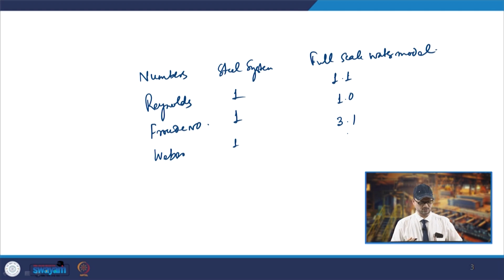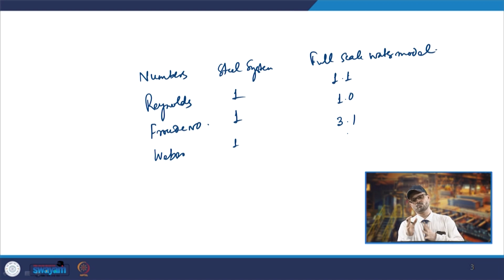Similarly, you have other numbers, sometimes the Morton number. The Morton number is used for the velocity of bubbles in liquids, and it is normally used for two phase or multi-phase flows when we do it in the Tundish.